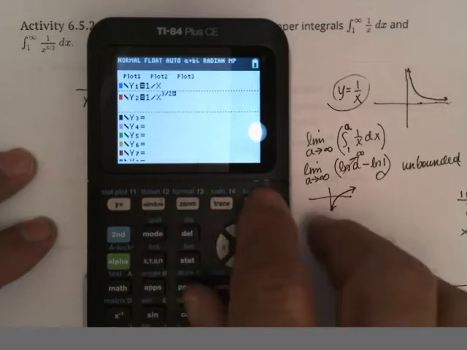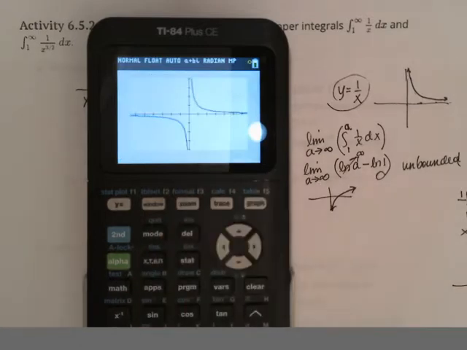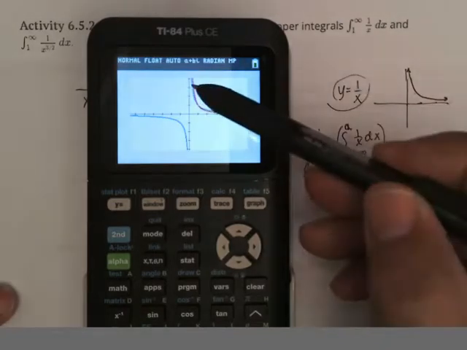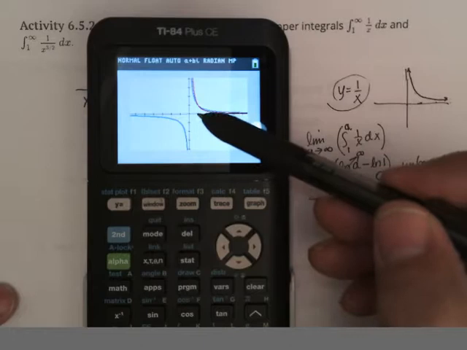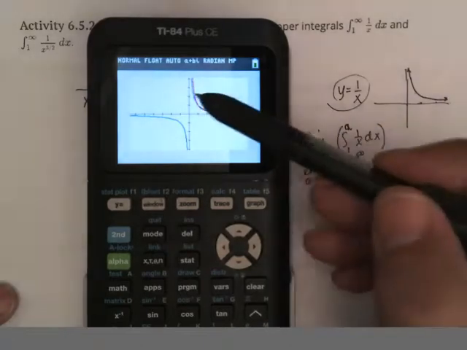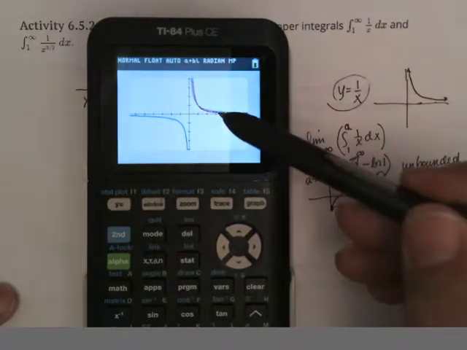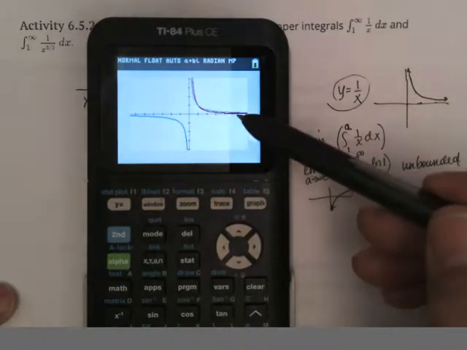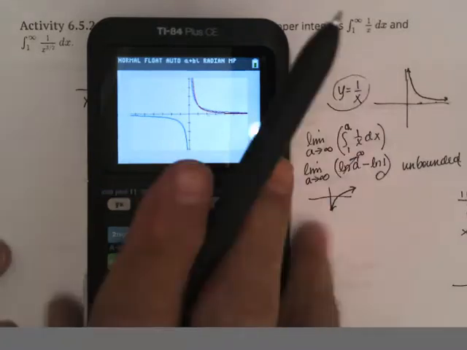Okay, so let's push zoom 4. That's 1 over x. Do you see how it's further away here? So if we were going from 0 to some value here, the red would be unbounded also. It's bigger than 1 over x. But to here, it's closer to the axis, and so it will be bounded if we go off to infinity.